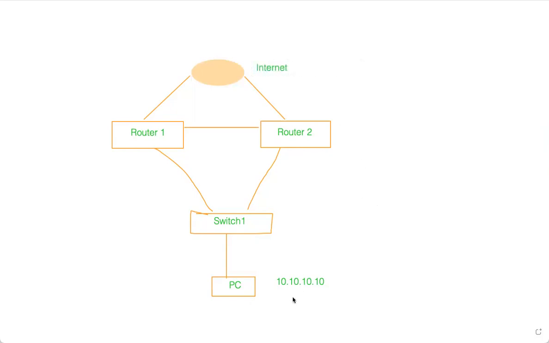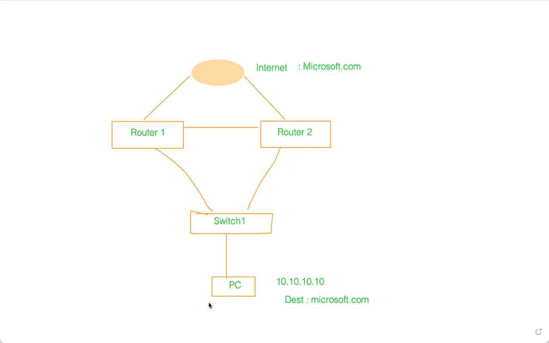Internet is there. So this PC is trying to go to the internet. The destination is, let's say, Microsoft.com.